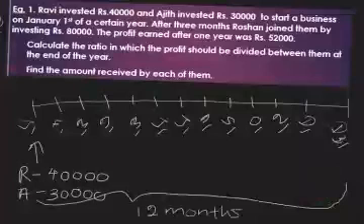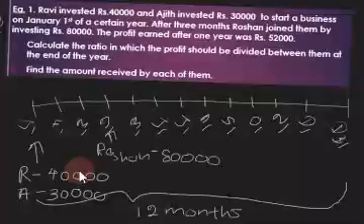Then after 3 months, 1, 2, 3, that means April 1st, Roshan invested 80,000 rupees. So how many months? 1, 2, 3, 4, 5, 6, 7, 8, 9.